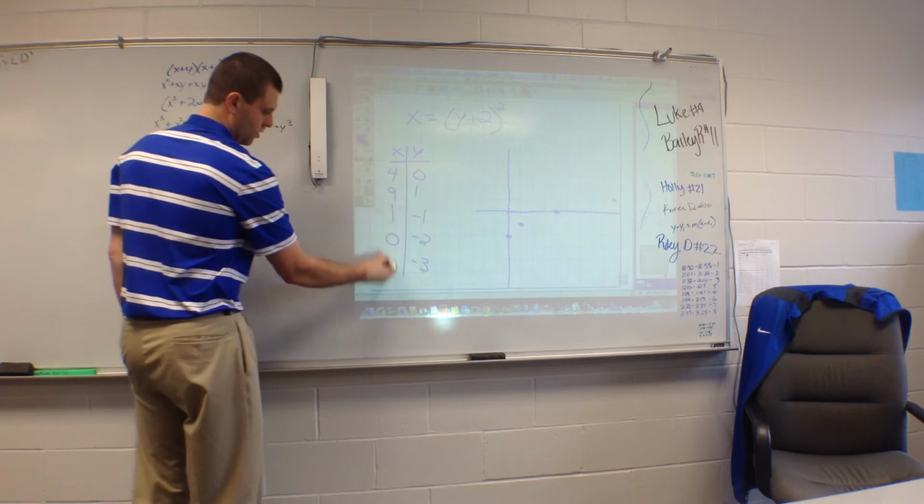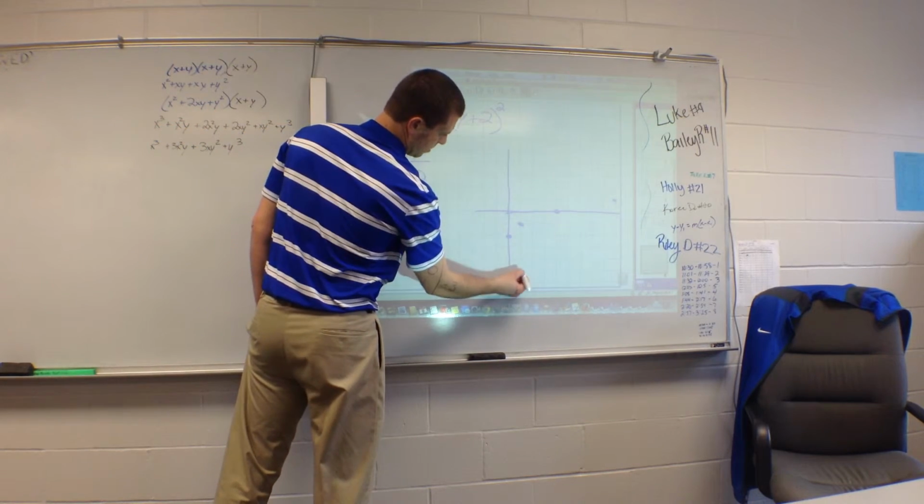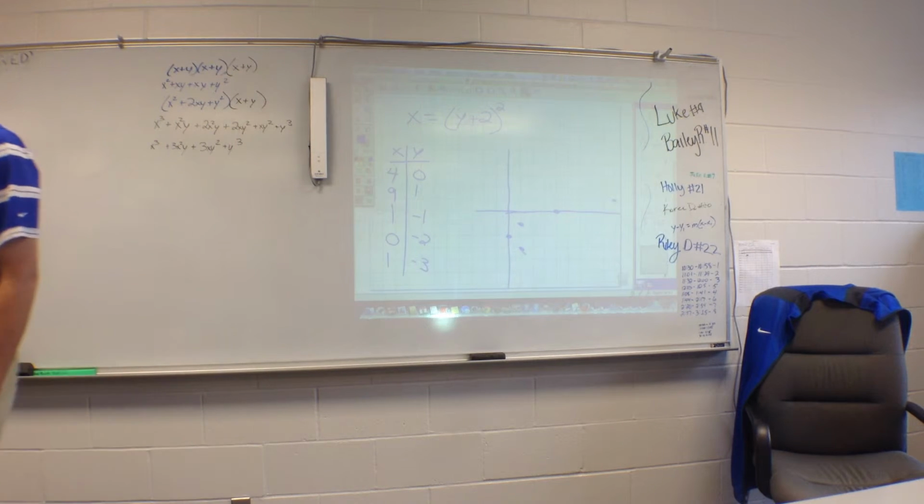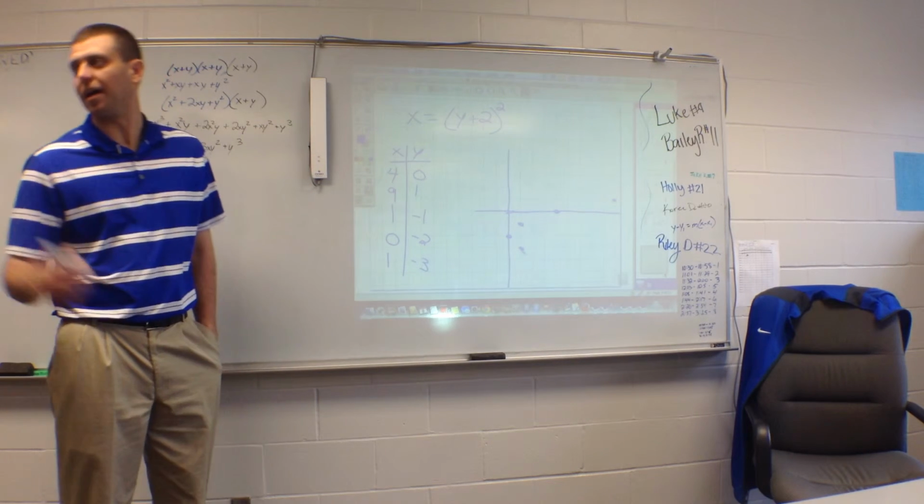So is this like when you have y equals x squared, it's just backwards, when you think it would go up, it goes down? Kind of in a sense, yeah. Negative 4. But this one is like if you turn sideways, it goes how you think it would go. Yes, yep.